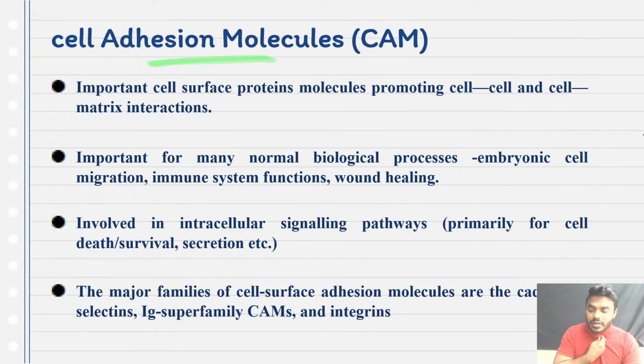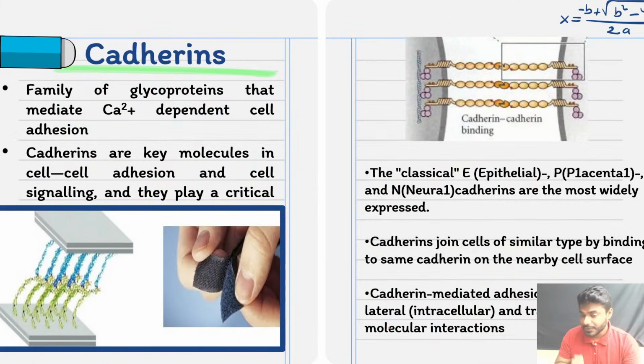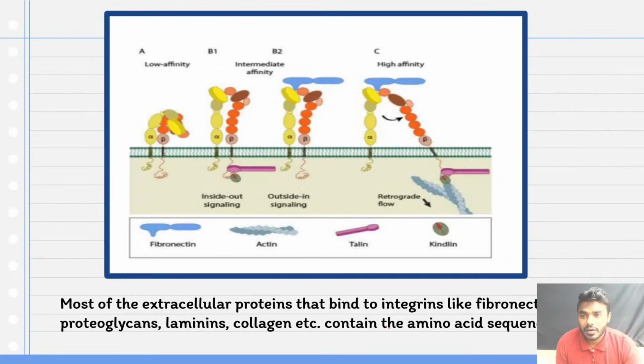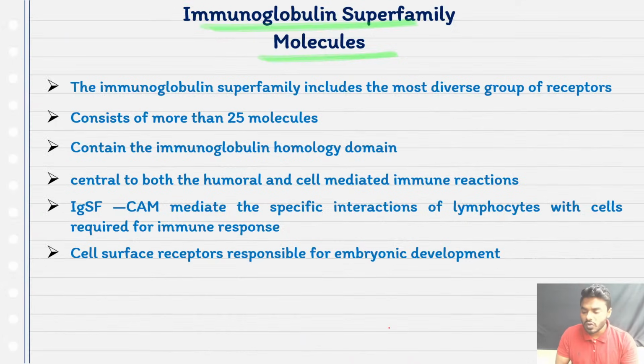In cell communication, we first discussed different types of CAM molecules, and we understood that there are four major CAM molecules: cadherin, selectin, Ig superfamily, and integrin. In yesterday's class we understood cadherin, selectin, and integrin, and we are left with one more CAM molecule, called the immunoglobulin superfamily CAM molecule.